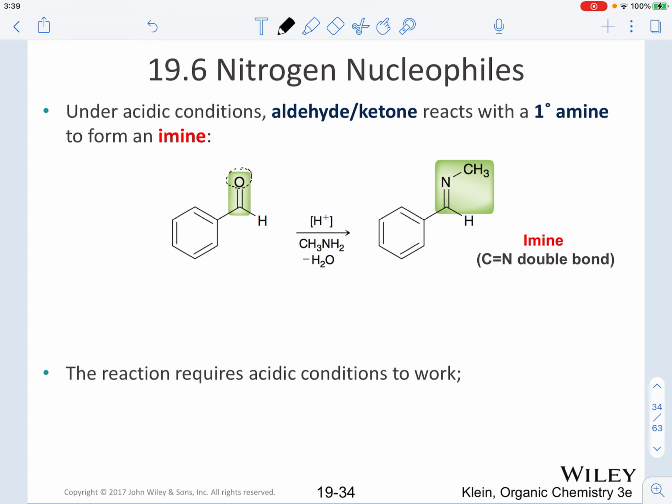And in its place, we're going to have the nitrogen atom and the alkyl group that is bonded to it in the place of the oxygen in the functional group that is formed. Again, this reaction specifically requires acidic conditions.